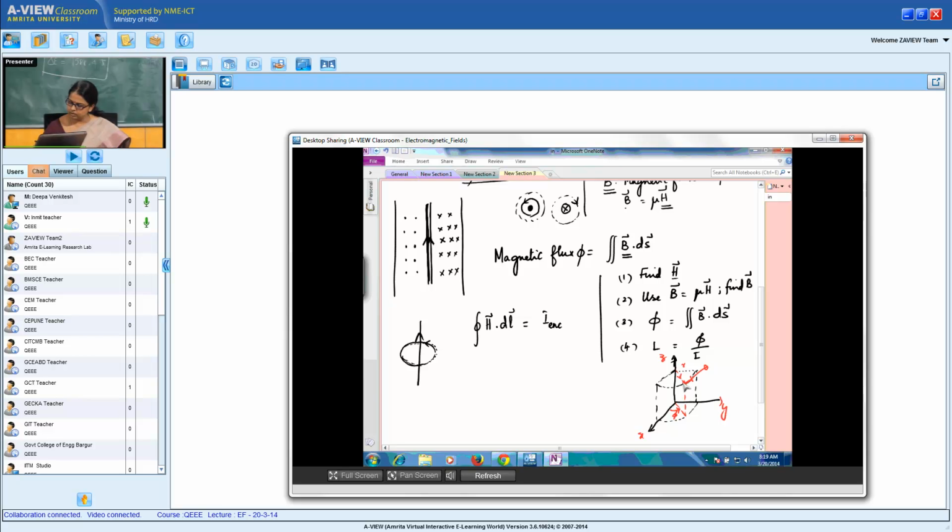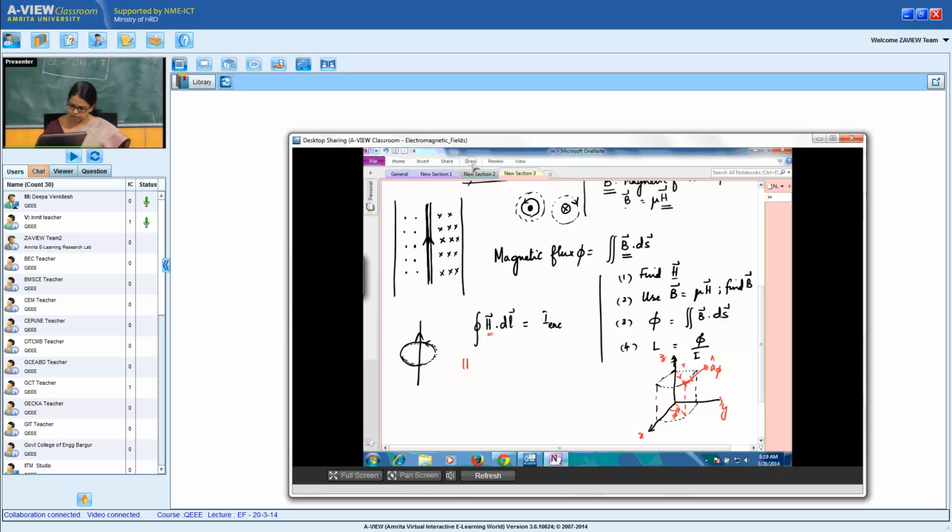So dl is along the direction of a phi, so is H, because H is also curling around. So at every point in space, H takes the direction of a phi.